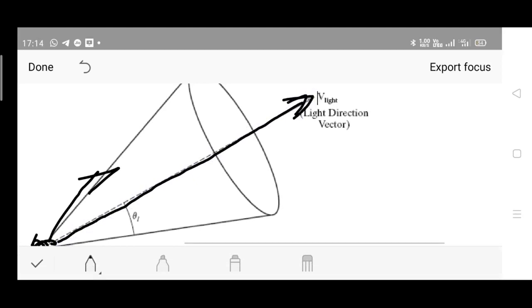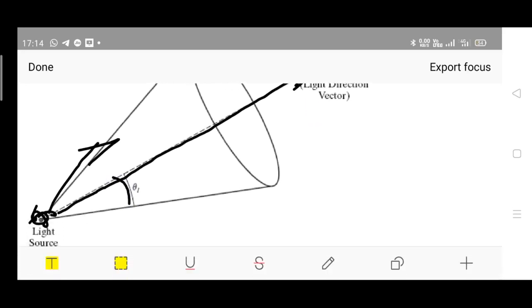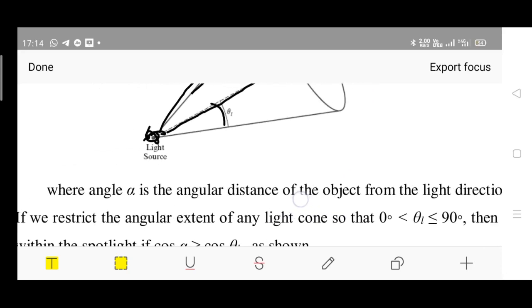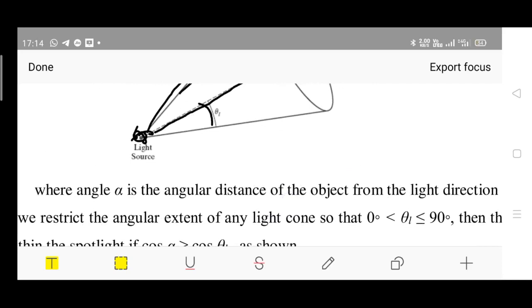A line drawn is called the V light vector, and theta is the angular displacement between one of the boundaries and the vector defined through the midpoint. Just go through the meaning of alpha they are describing here, where the angle alpha is the angular distance of the object from the light direction.